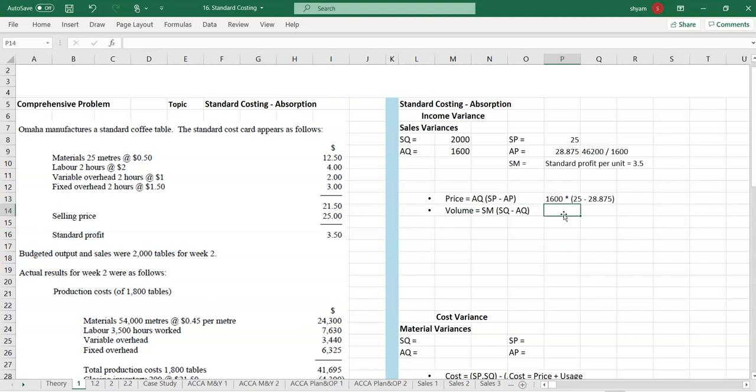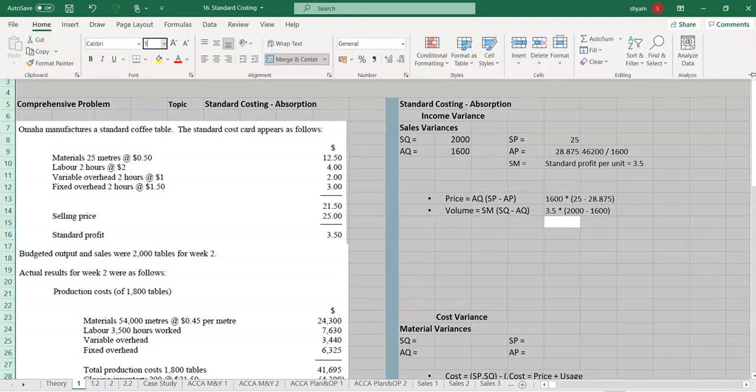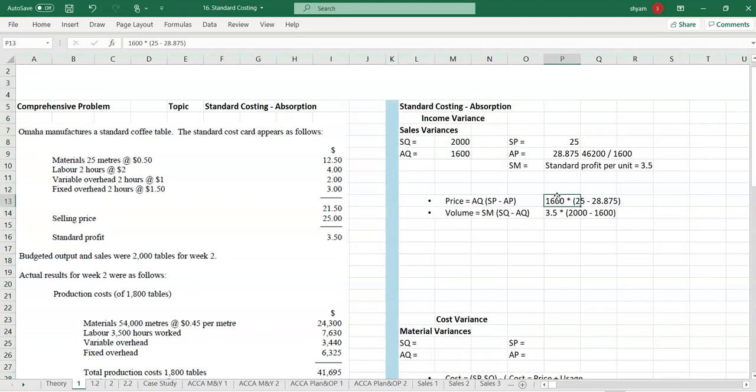Next one is SM, standard margin, which is 3.5 into SQ, so standard quantity minus actual quantity. So now solve it.